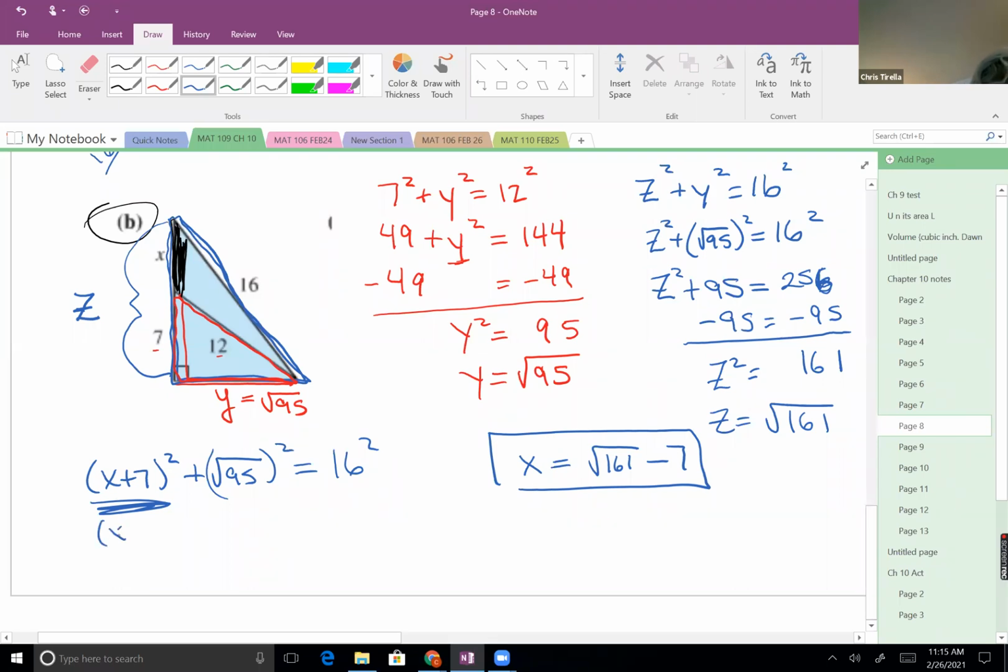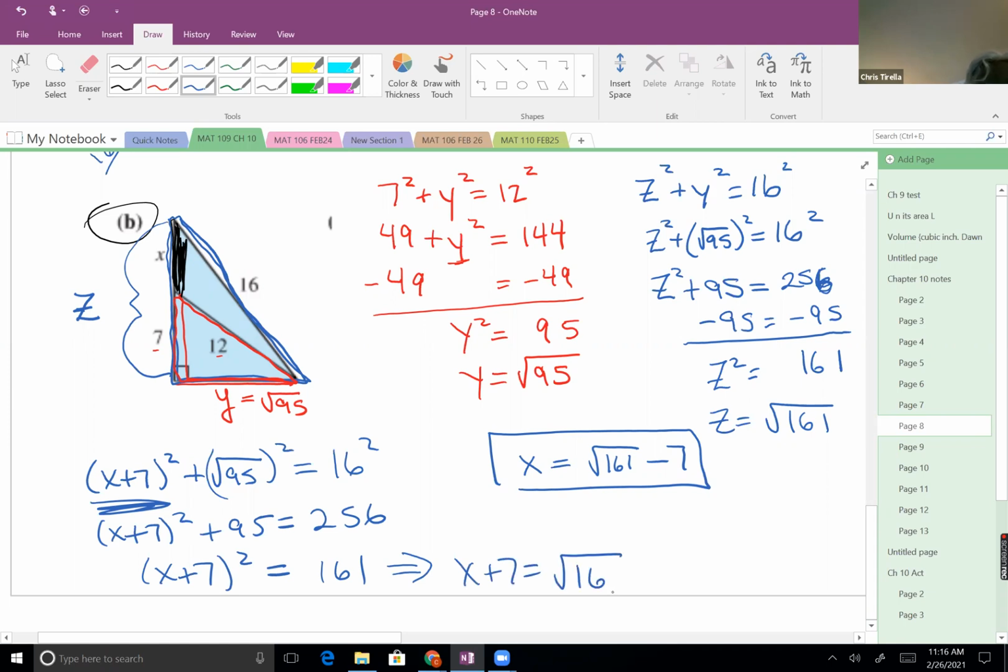I guess if you left that as X plus 7 squared plus 95 equals 256, then you could say that X plus 7 squared equals 161, subtracting. Then X plus 7 is the square root of 161. And then we'd get that same answer. So as long as you're careful not to take the time to multiply it out, you could have done the X plus 7. They take us to the same place.